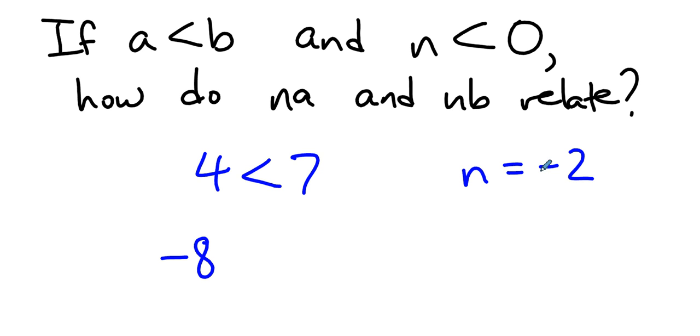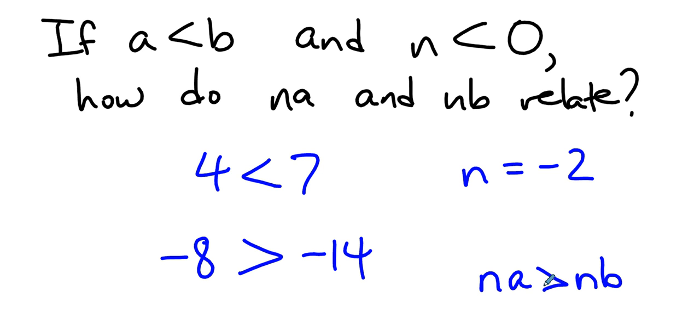Well, na and nb, well, wait a second. Wait a second. That's the relationship. It would appear that na is greater than nb. But how can that be?